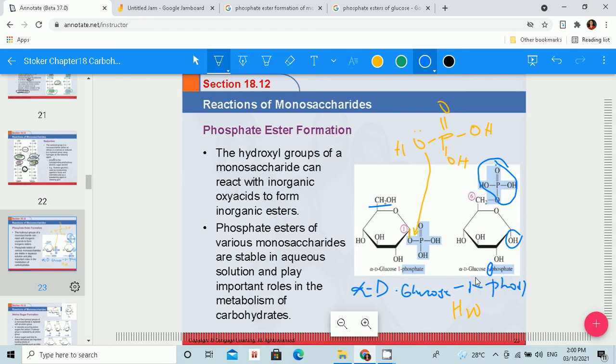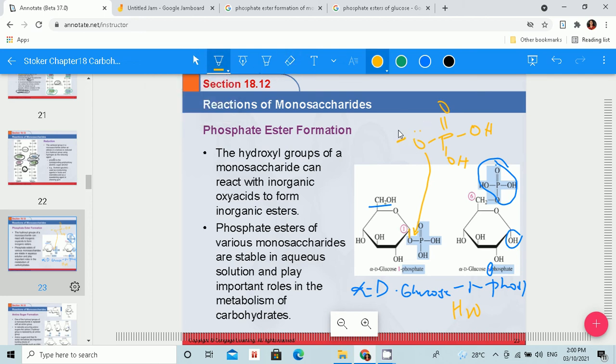So in organic chemistry, you know this type of naming. Aside from that, class, why does our phosphate react with our glucose? Because our phosphate is an ion. When it's an ion, it has a negative charge.